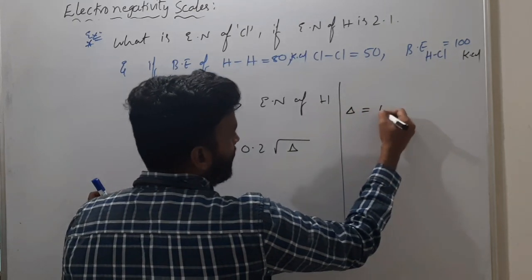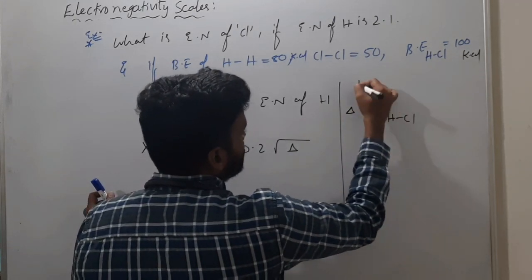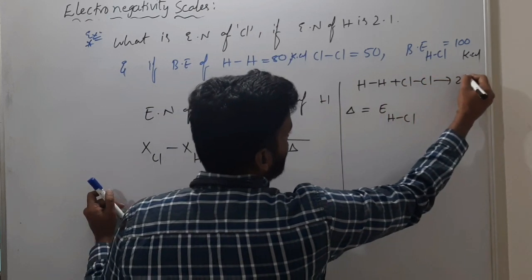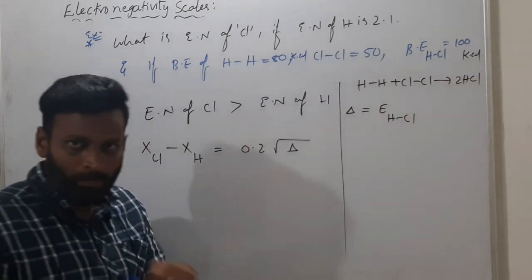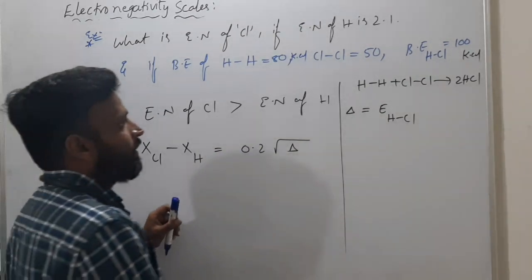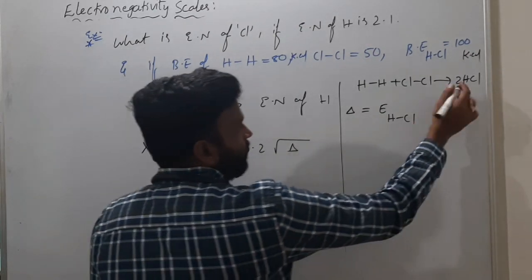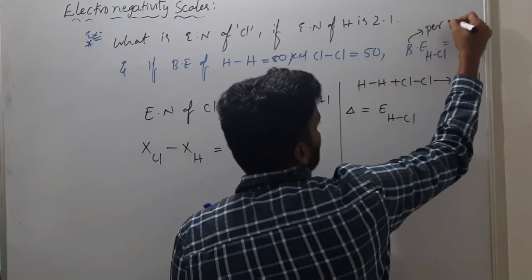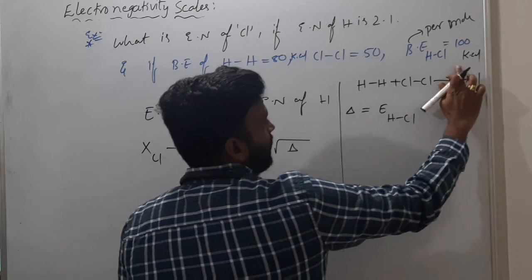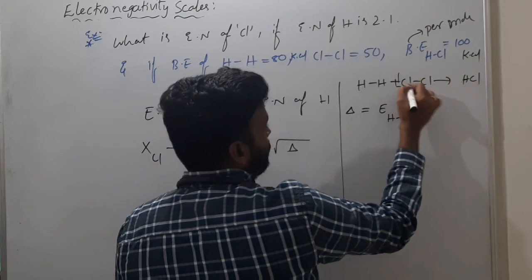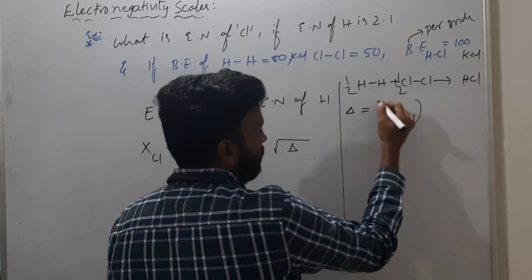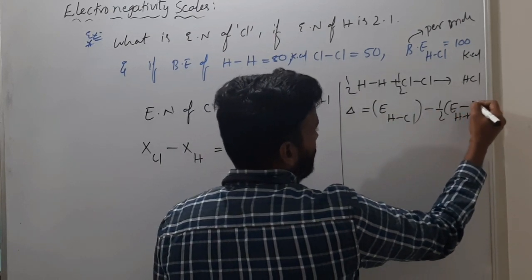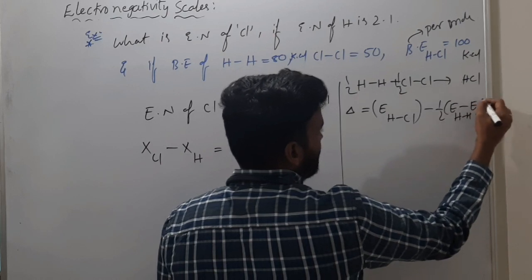Delta is equal to the energy of HCl, because HH plus ClCl gives rise to 2HCl, right? Bond energy means per mole only. So you have to take 1 mole of HCl, with half HH and half ClCl. So delta is the bond energy of HCl minus half into the energy of HH minus the energy of ClCl.